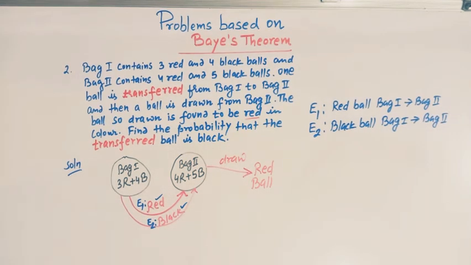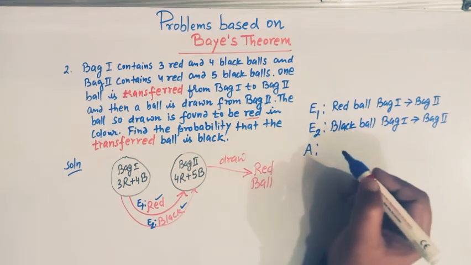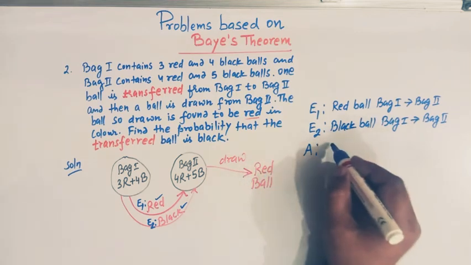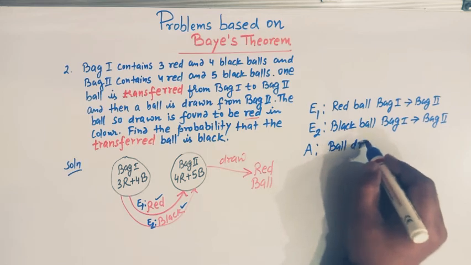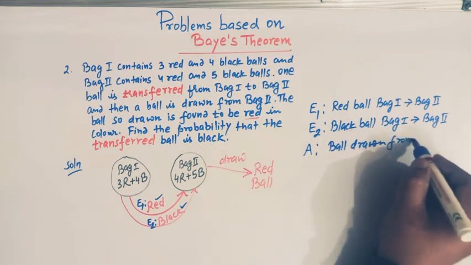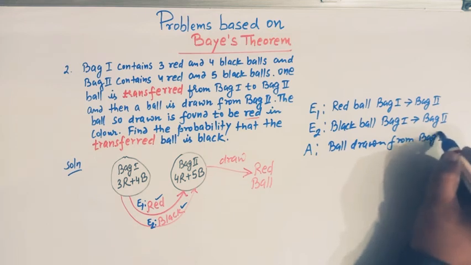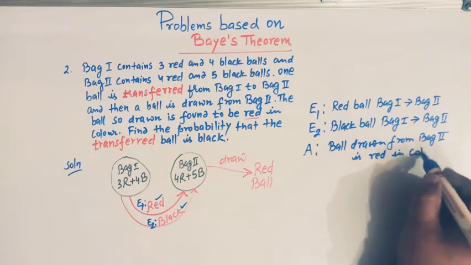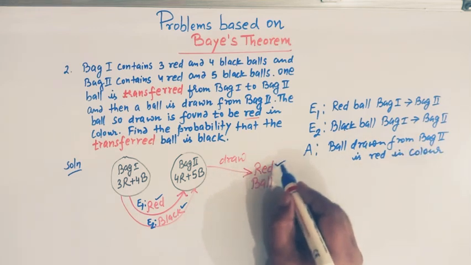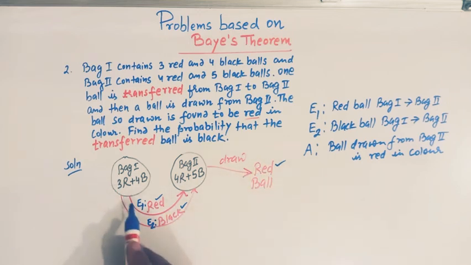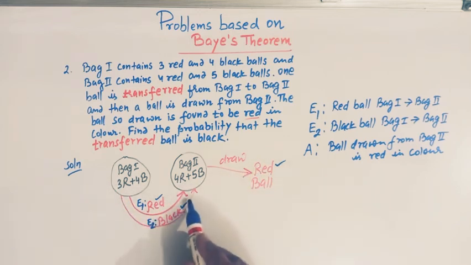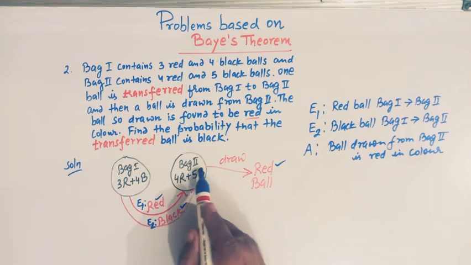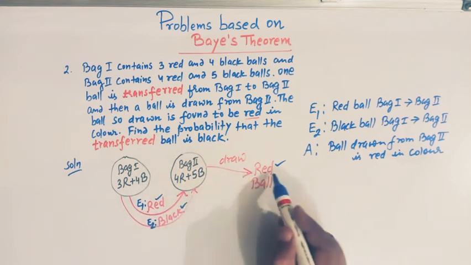Clear? And now let us assume the event A, which is the event that the ball drawn from bag 2 is red in color. So this event, when either a red ball is transferred or a black ball is transferred, then we have to draw a ball from bag 2 and the ball so drawn is a red ball.